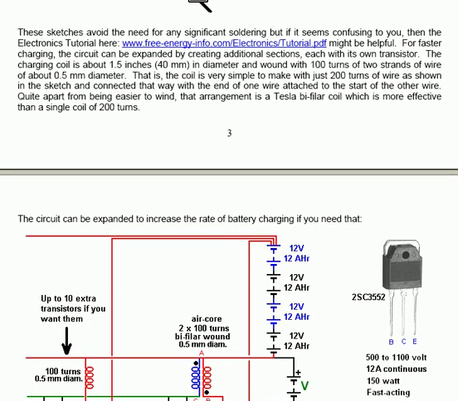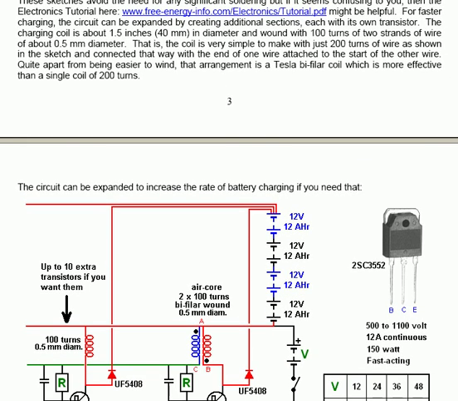That is, the coil is very simple to make, with just 200 turns of wire as shown in the sketch, and connected that way with the end of one wire attached to the start of the other wire. Quite apart from being easier to wind, that arrangement is a Tesla bifilar coil, which is more effective than a single coil of 200 turns. The circuit can be expanded to increase the rate of battery charge.